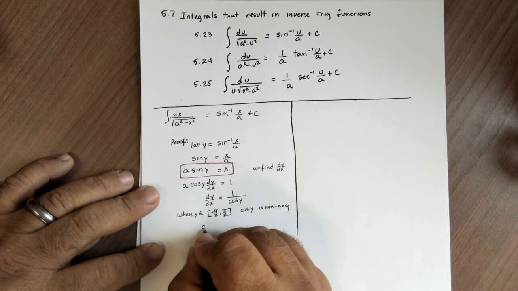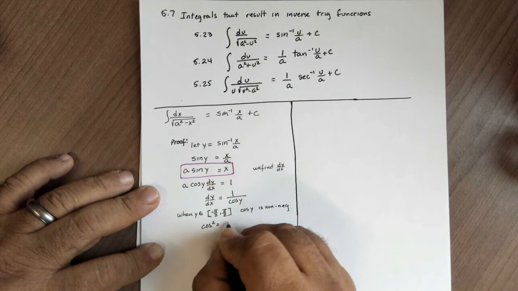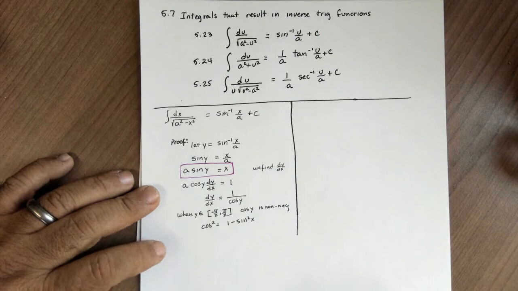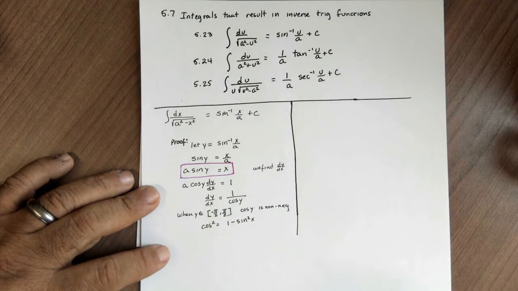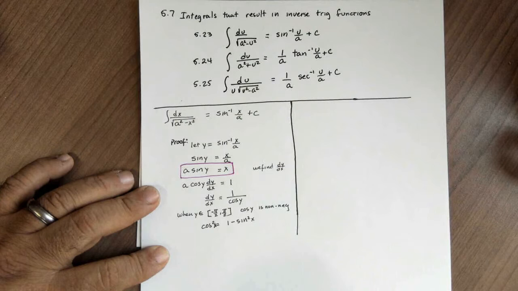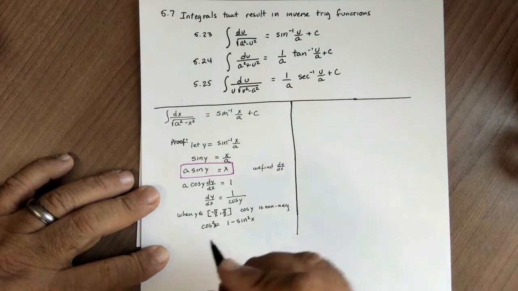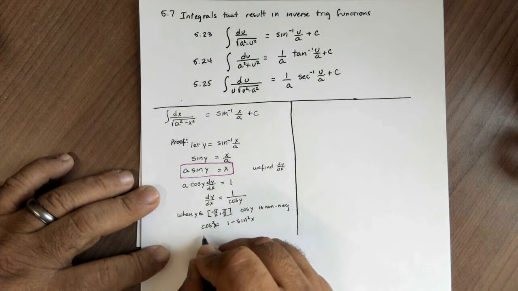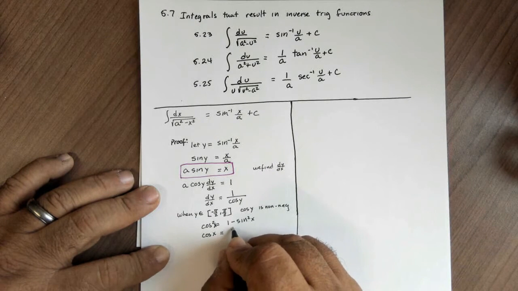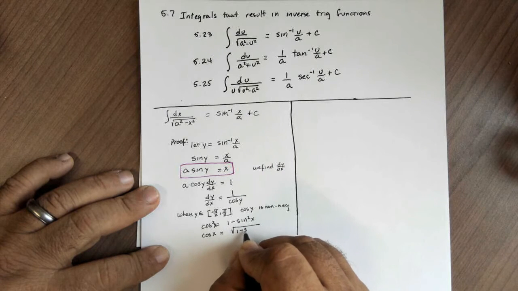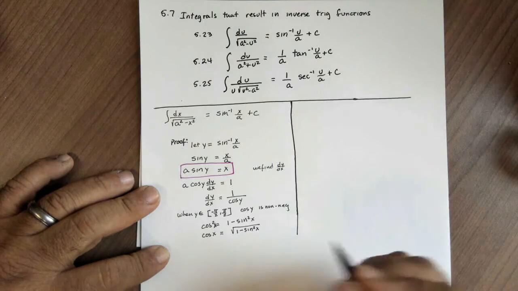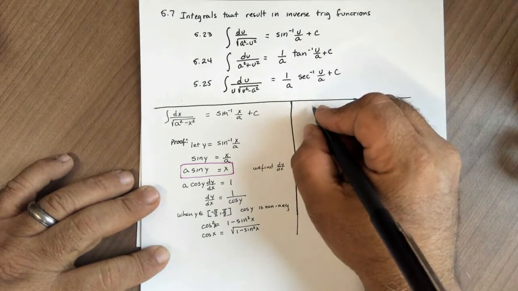We know that the cosine squared of y is equal to 1 minus the sine squared of y. You may remember that one as sine squared plus cosine squared equals 1, but it doesn't really matter. We can solve for it just as easily. So what we know then is that cosine, because it's positive, we can take the principal square root and we're going to get the square root of 1 minus sine squared of y.